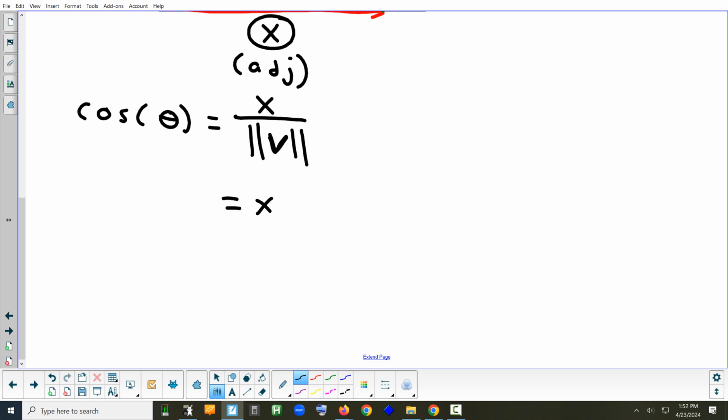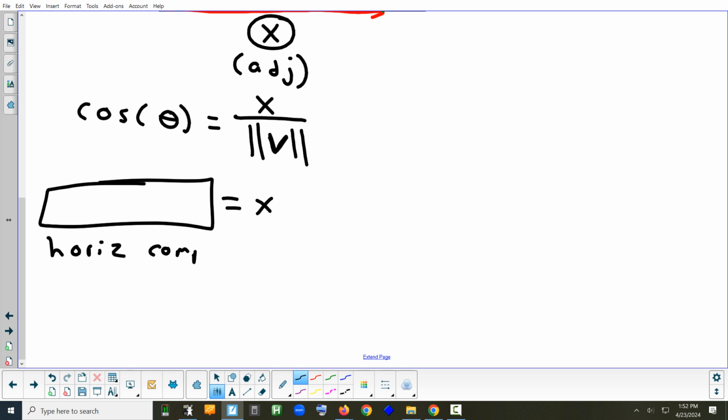Now if you figure out what goes in that box, this is the horizontal component of our velocity vector. 8.66.